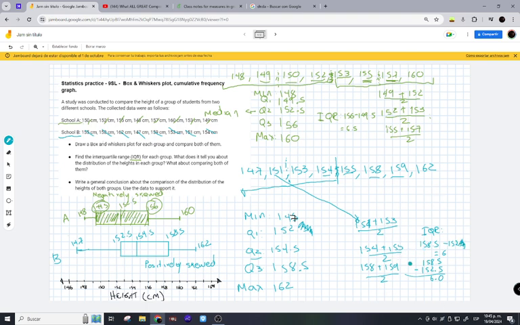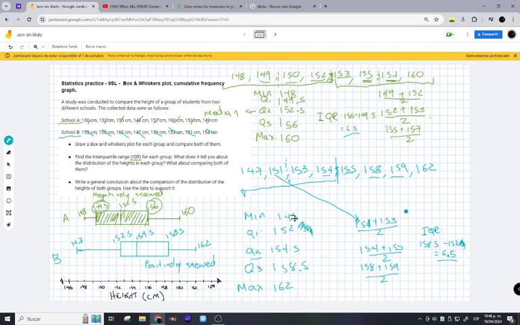If I do it properly now, 158.5 minus 152 is exactly 6.5. And look, we got exactly the same interquartile range.